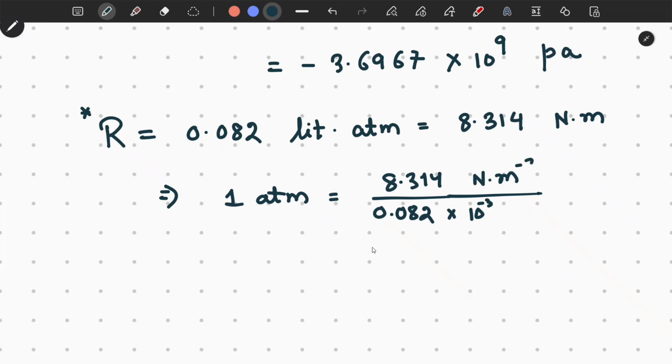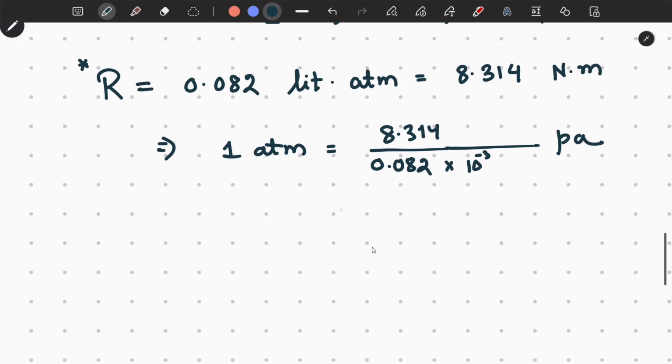So this is the Pascal. If you do it, it is 101.4 into 10 to the power 3, so 1.0139 into 10 to the power 5.